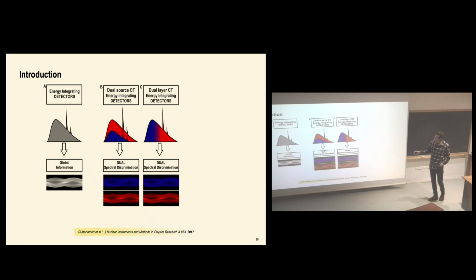There are two technologies that can provide this type of spectral discrimination. Either some vendors provide dual source at the acquisition: you are spinning around the patient, sometimes twice, with different energy peaks, one low energy X-ray tube and one high energy X-ray tube.